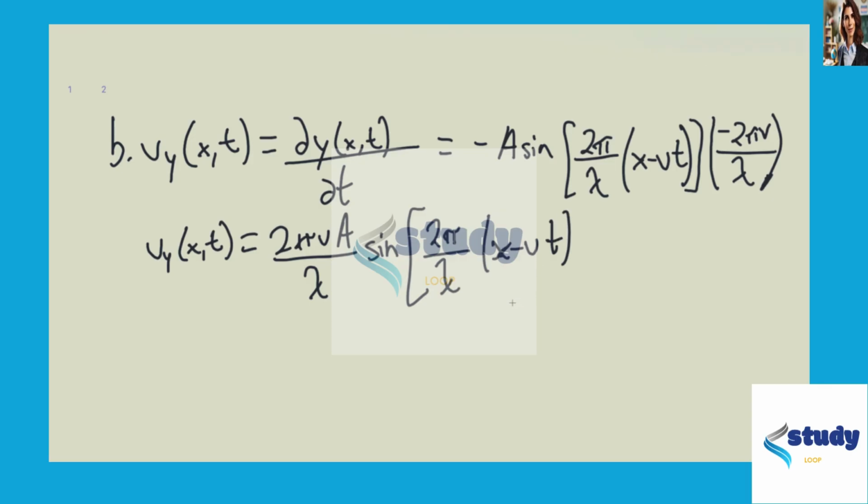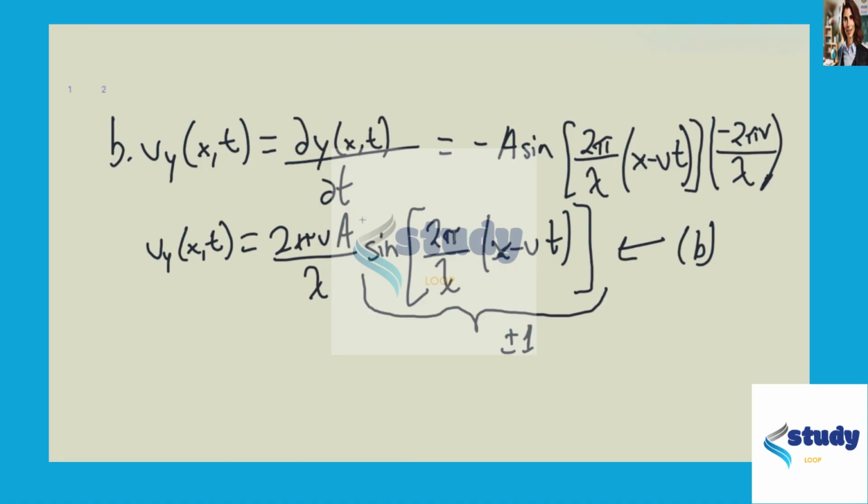At this point, we can say that the max is when this term right here is going to be plus or minus 1. So first of all, this is the answer for b. And then part C is asking us, what are the conditions on the amplitude such that the transverse velocity is greater than the propagation speed, equal to the propagation speed, or less than the propagation speed.